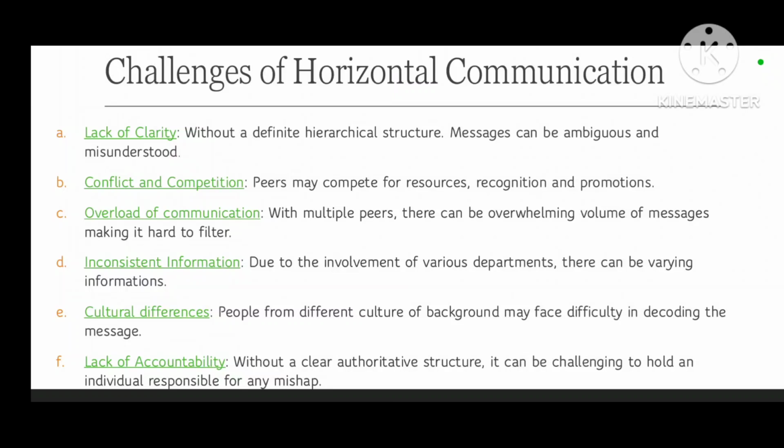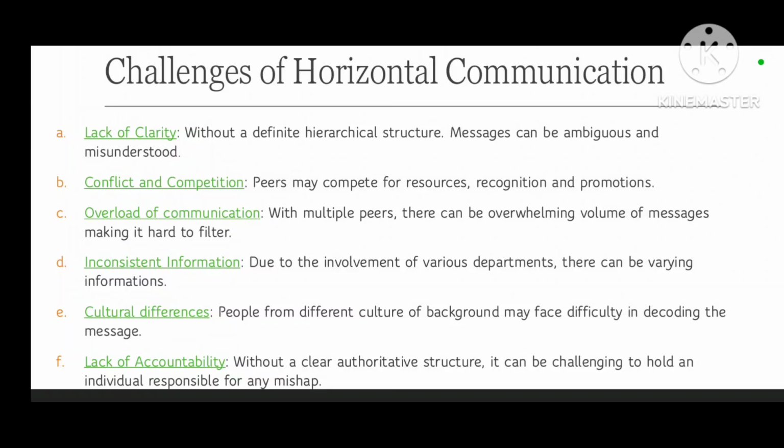The third is overload of communication. With multiple peers, there can be an overwhelming volume of messages, making it harder to filter. Okay. In the same manner, it also creates lack of clarity. When the message is passed from the higher authority to the lower one, there are chances that the message is filtered, as it has been passed through various minds, various people.